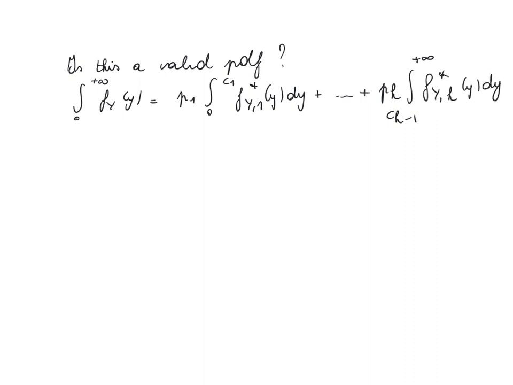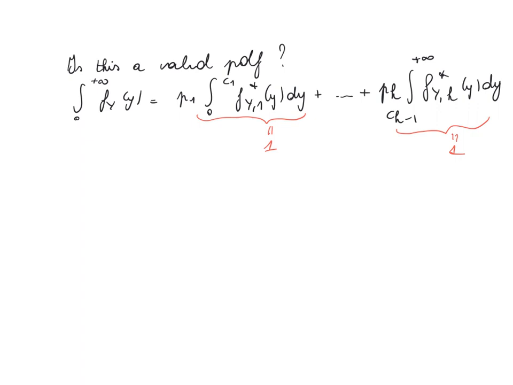If I look at this integral, because f1 star is a valid, legitimate PDF, which only takes values different from 0 in the interval from 0 to c1, if I work out this integral, I'll get a value equal to 1. With the same reasoning, I'll get a value equal to 1 over here.